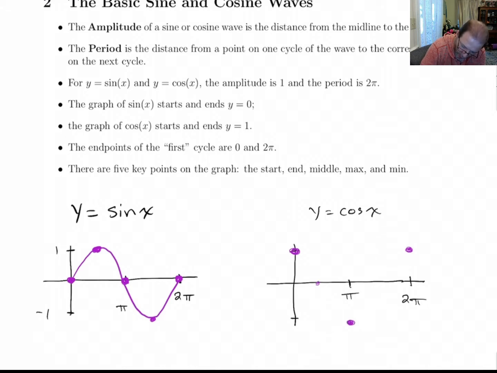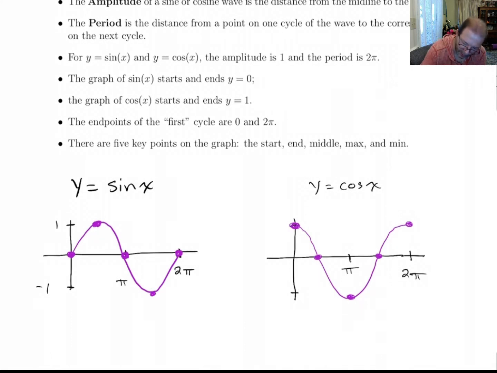And then at these quarter points, I call them, this is pi over 2 and this is 3 pi over 2, cosine is 0. So if you connect this up, you get this for one period. So what we have here is 1 period of sine x and cosine x.